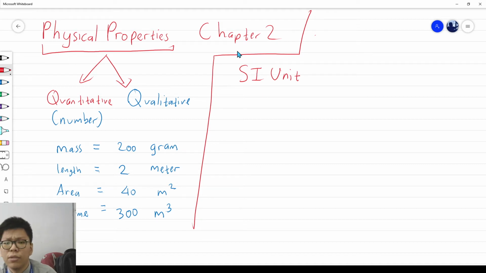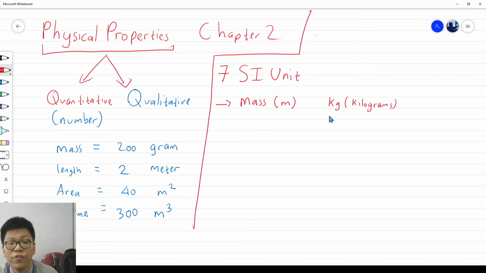We have 7 SI units, but in this chapter we only need 3, 4 at most. First is mass. The symbol for mass is lowercase m. The SI unit for mass is the kilogram.